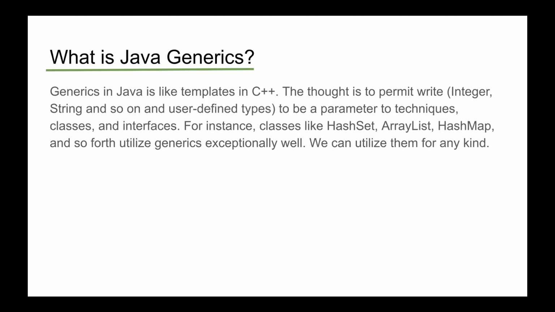For instance, with classes like HashSet, ArrayList, and HashMap, you're not gonna create separate classes for each of them, but you can use your own classes with these HashSet, ArrayList, and HashMap. So it is a more efficient way of utilizing the classes, right?